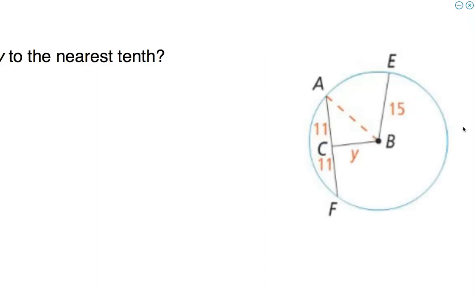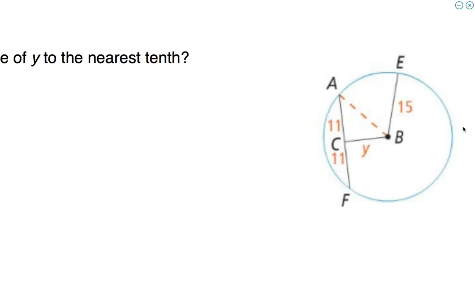So what we can see here is this chord AF is bisected by CB. So CB bisects AF.